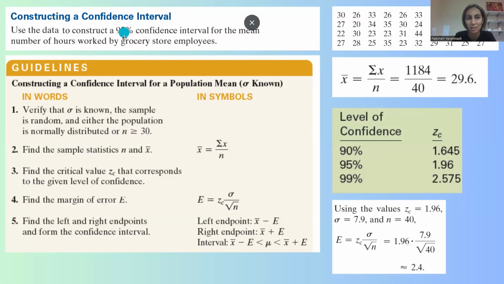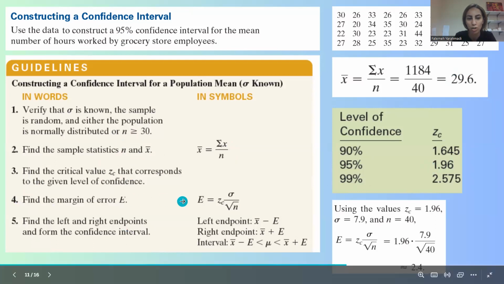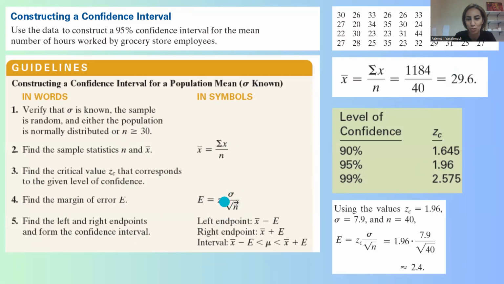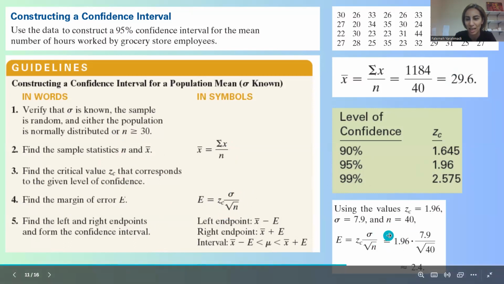Since C is 95%, ZC is 1.96. Margin of error, ZC times sigma over square root of n, is also calculated here, 2.4 hours.